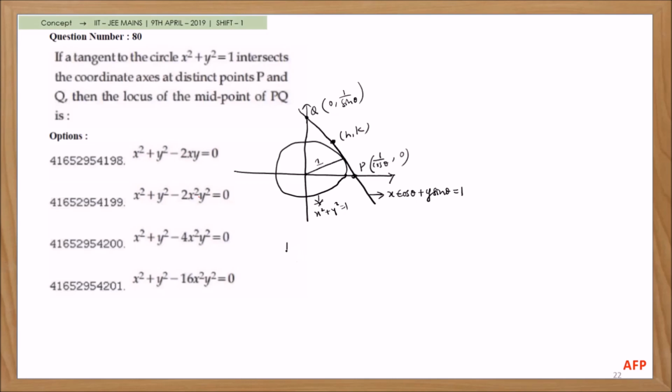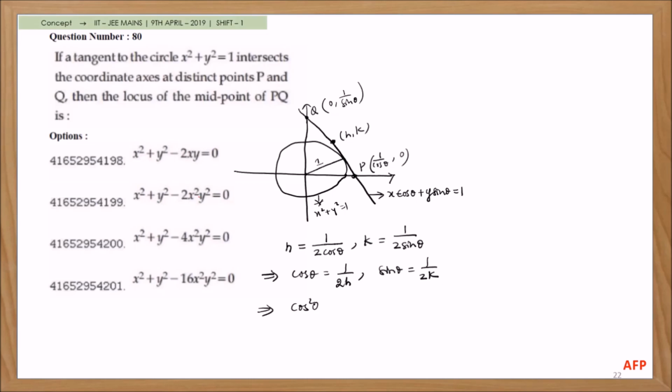Then the midpoint: h must be the sum of the x coordinates divided by 2, so 1 divided by 2 times cos theta, and k must be the sum of the y coordinates divided by 2, so 1 divided by 2 times sin theta. Now this implies cos theta is equal to 1 divided by 2h and sin theta is equal to 1 divided by 2k.